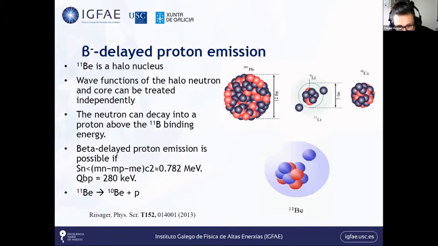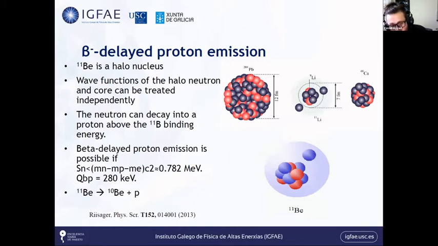So let's focus on what we can measure in our case, which is the beta-delayed proton emission, which is a counterintuitive decay because boron-11 is a neutron-rich nucleus, and that means that we are observing proton emission from something that tends to get more stable by emitting neutrons, right? But this is possible if we fulfill this condition, which is that the neutron separation energy is of the order of 0.782 MeV, which is the case.